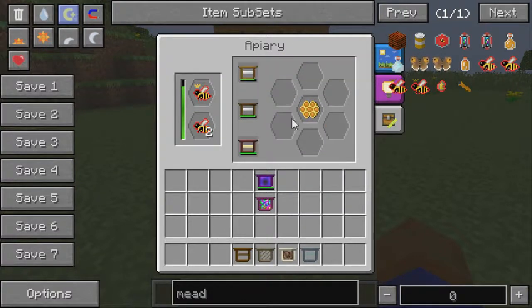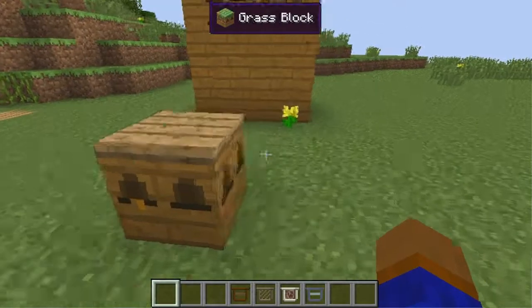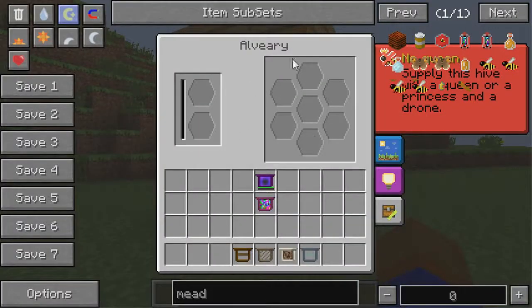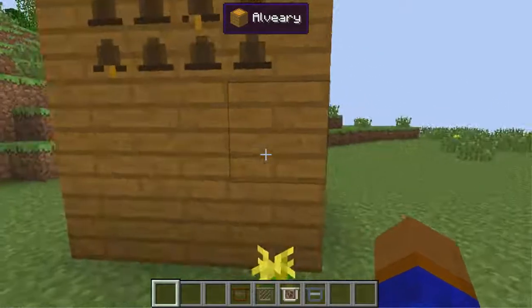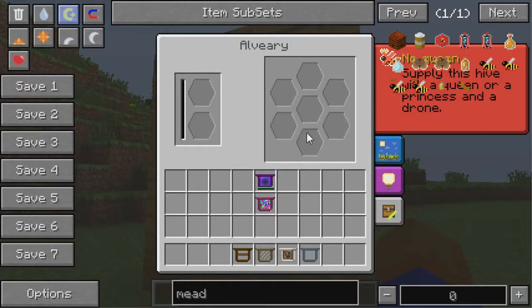Now, just to show you the difference, if these 3 frames are in here with our Meadows bees producing honey in an apiary, what would the difference be if we had the same thing in the alveary with some frame housings in here that we could put some frames in with our bees? Let's figure that out. So we have 0.3 times 1, which is our alveary modifier, times 0.3 times 2 raised to the 3.